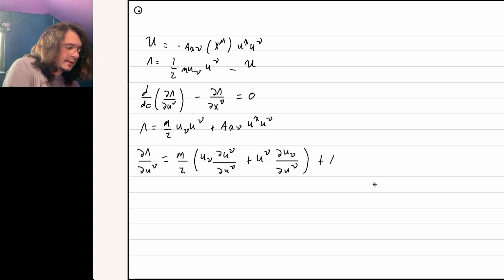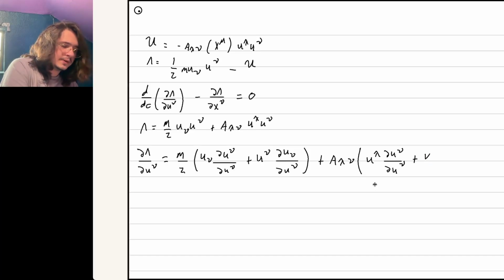And then a_lambda nu isn't a function of velocity, but so you have u^lambda del u^nu del u^nu, and then u^nu del u^lambda del u^nu. Okay.